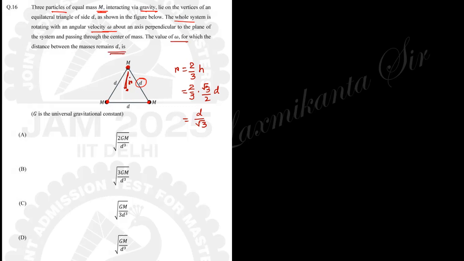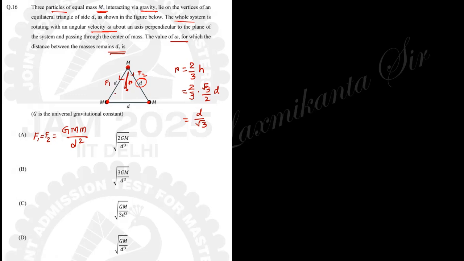So the main thing is the gravitational force. This is F1, and there is a gravitational force between these two particles, F2, and the values of F1 and F2 are equal, and this is nothing but Gmm by distance square, the gravitational law.